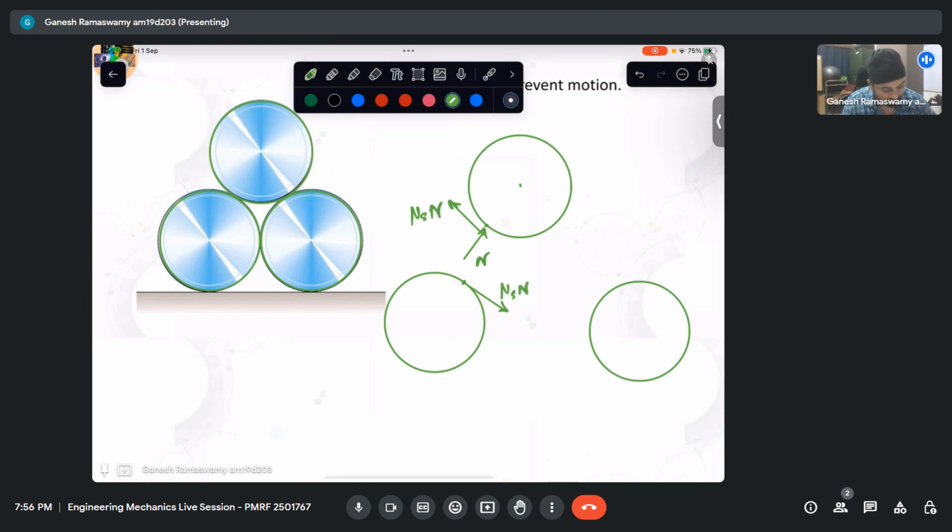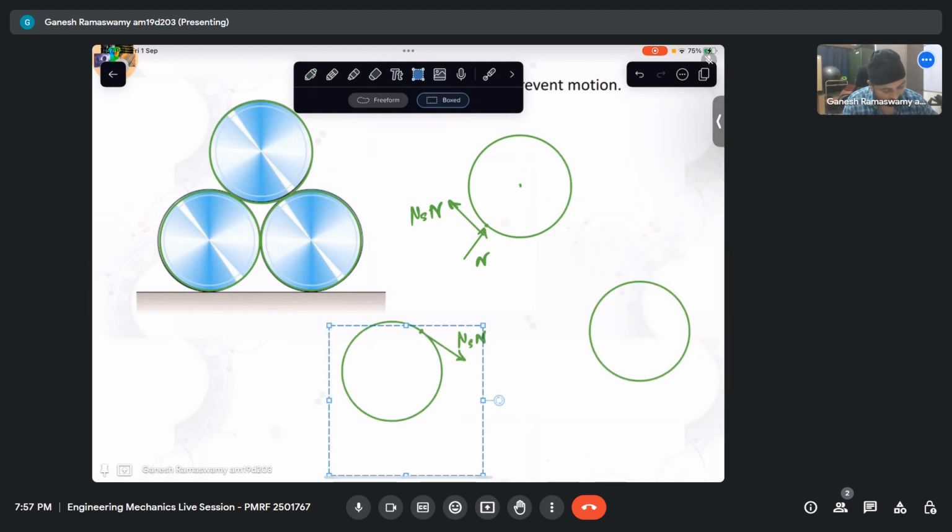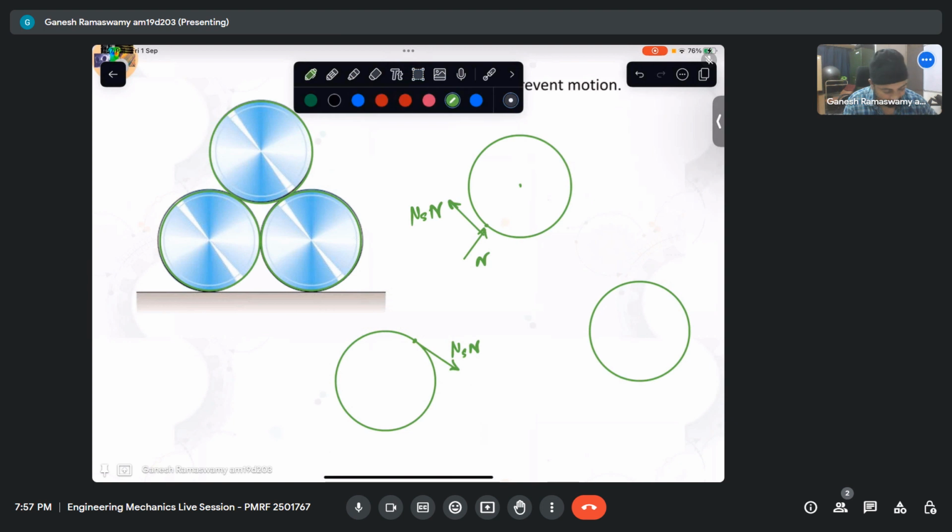If I take this free body here, I have that normal force applied like that, which is going through the radius. So this is N. This happens to be mg. Same thing we will have here also. And I have a force like that.